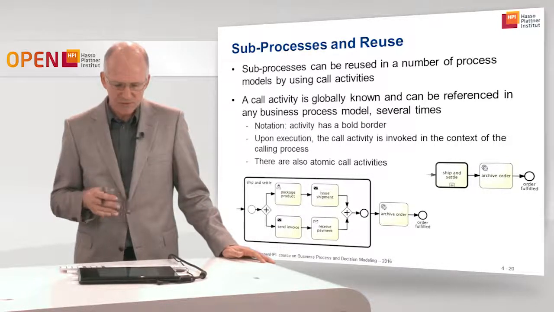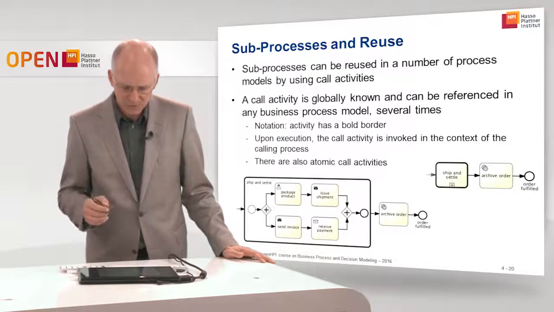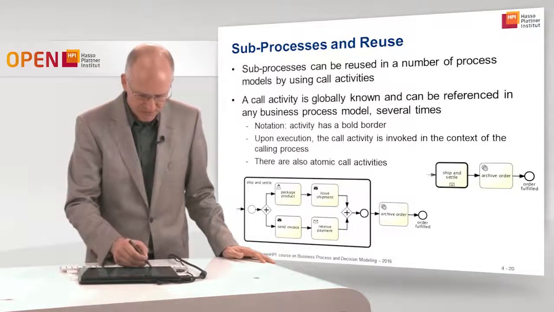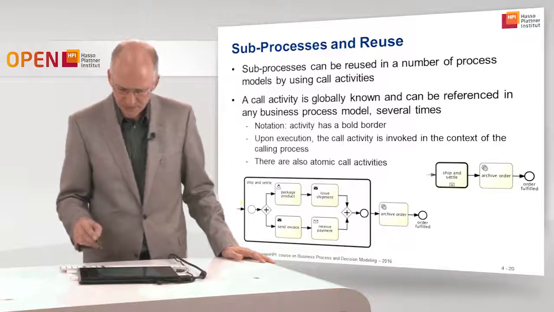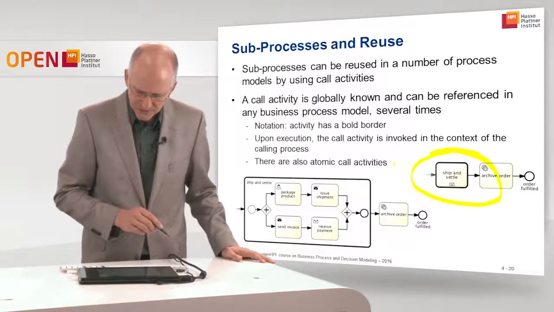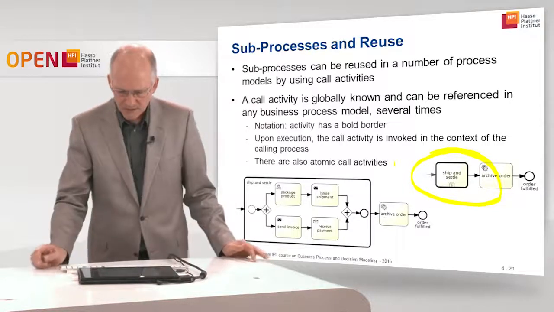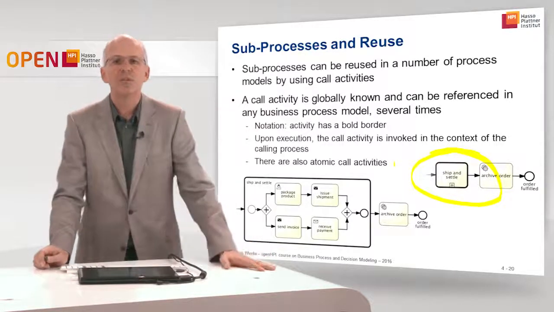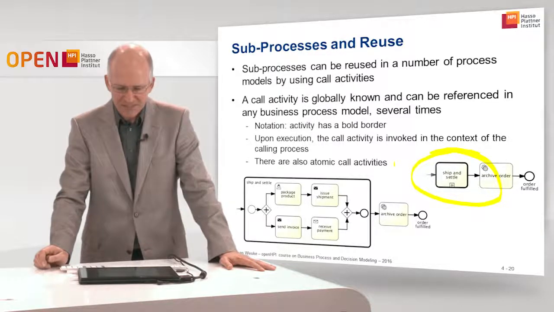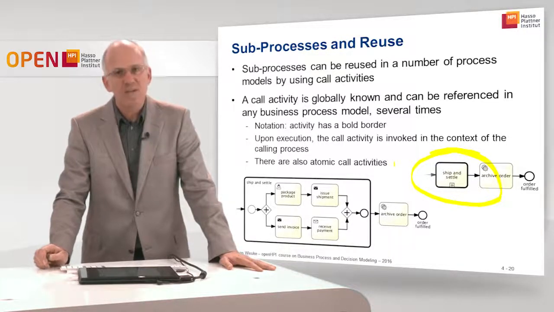And there are also, as I mentioned before, atomic call activities. So we can have the following situation regarding the example. We here have a collapsed subprocess called ship and settle. And as we see by the bold border of this collapsed subprocess activity, it is defined somewhere else.